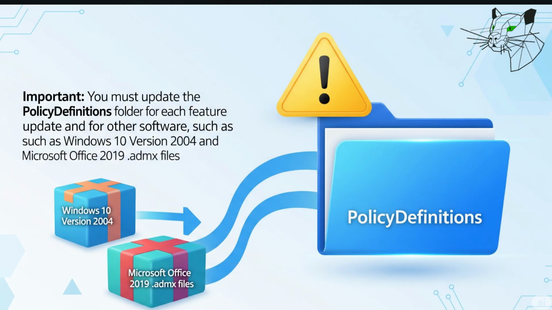For example, on a Windows Server computer that has English enabled, C:\Windows\PolicyDefinitions will contain the .admx files, and in the subfolder en-US, the .adml files will contain English-based descriptions for the settings defined in the .admx files. Important: you must update the PolicyDefinitions folder for each feature update and for other software such as Windows 10, version 2004, and Microsoft Office 2019 .admx files.